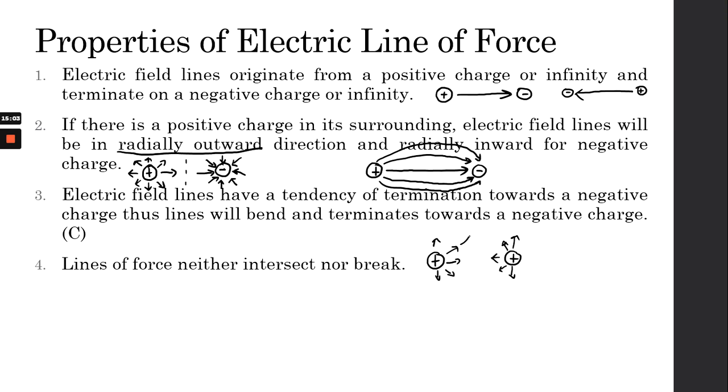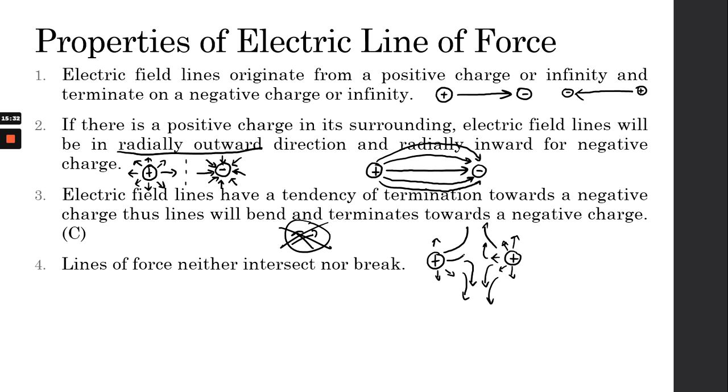What will happen here is they would actually bend in a way so that they wouldn't intersect. So they will never cross. This will never happen. Or they will never break, meaning they will be continuous.